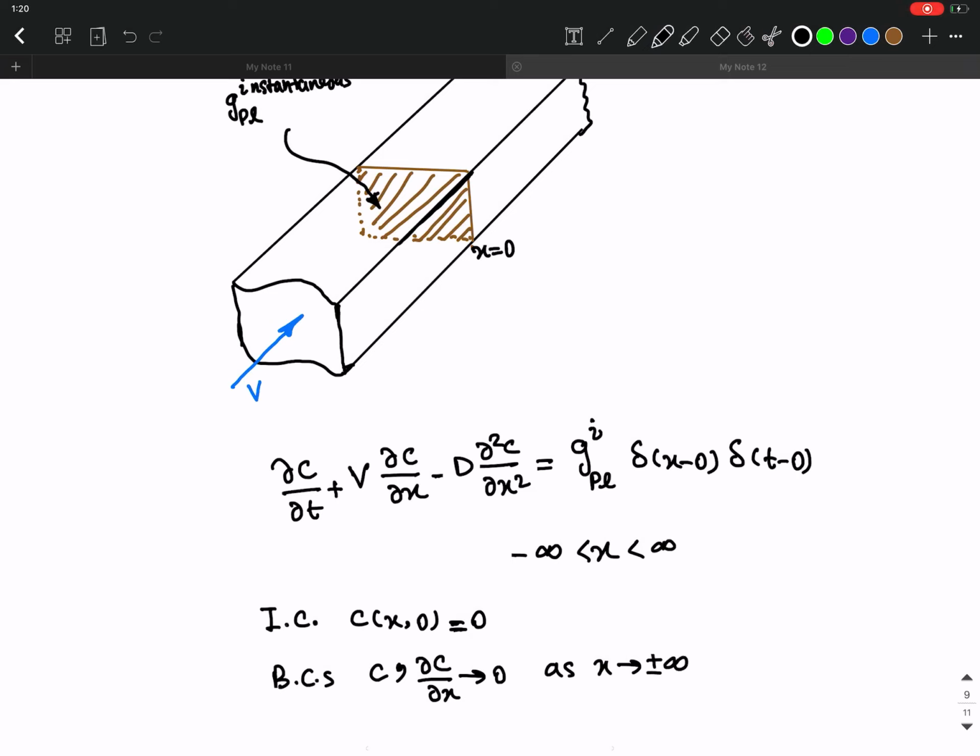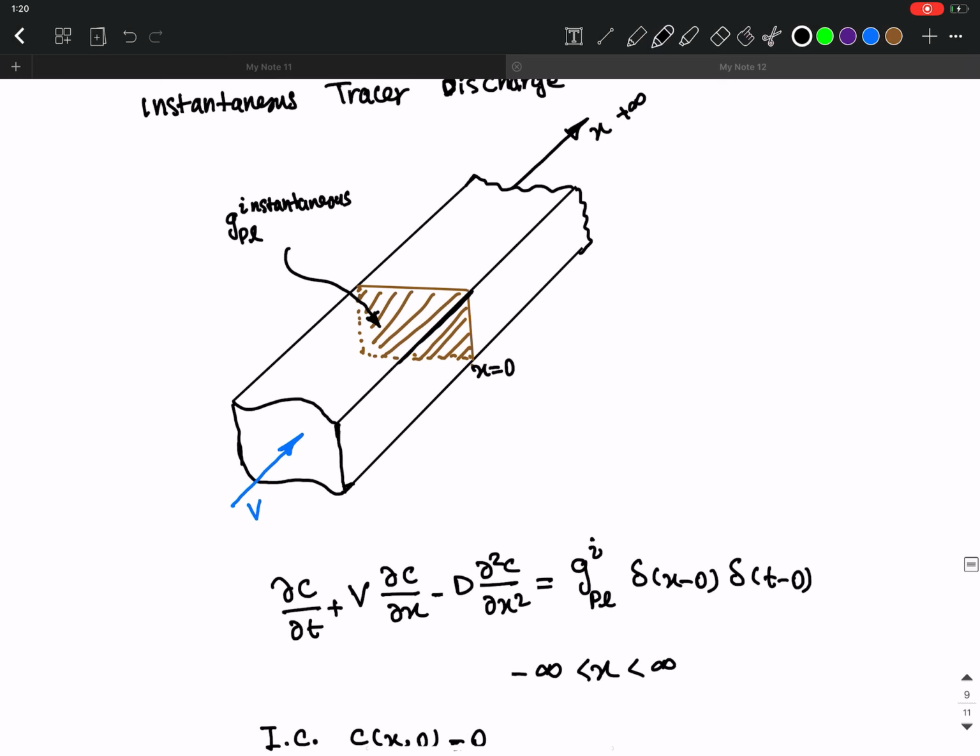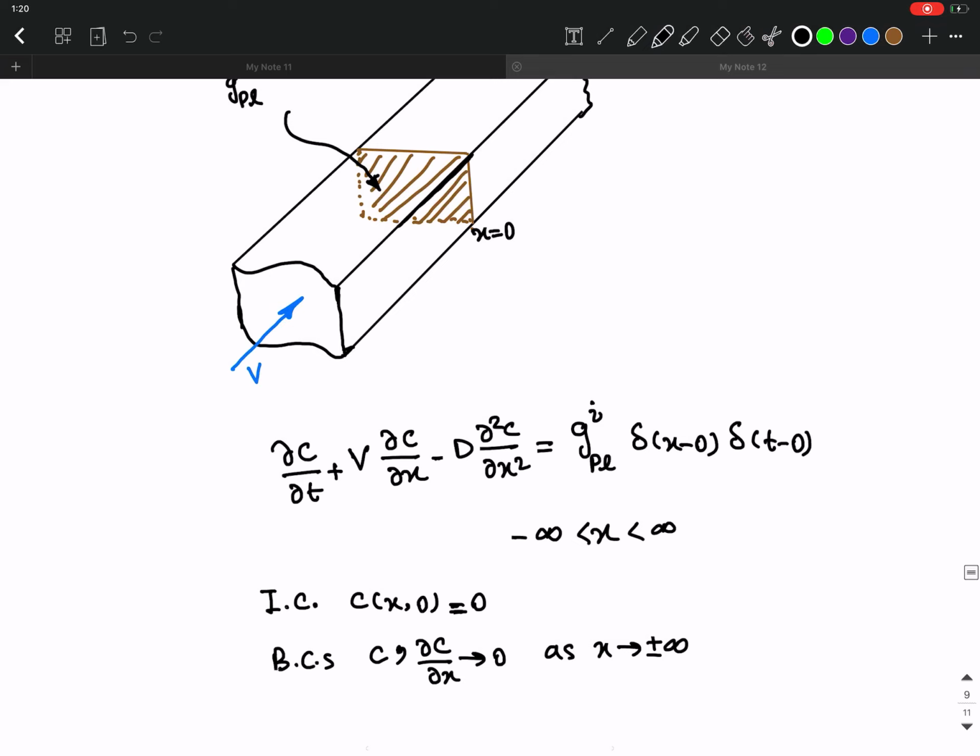So we don't have any concentration at the beginning, and then we just have a source term that instantaneously releases that tracer at x equals 0 and t equals 0. We also have this advection term, which is an extra term compared to the previous problem. So that's the only change we have now.